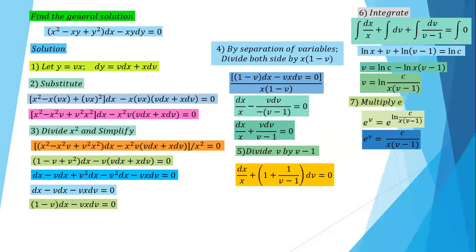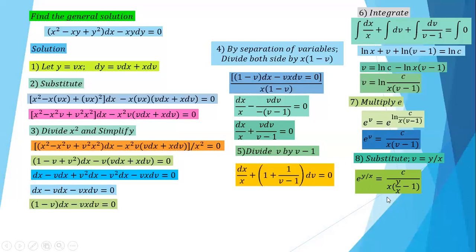Since v is equal to y over x, we substitute this to our answer. e to the v equals c over x times v minus 1. So we have now e to the power of y over x equals c over x times y over x minus 1.